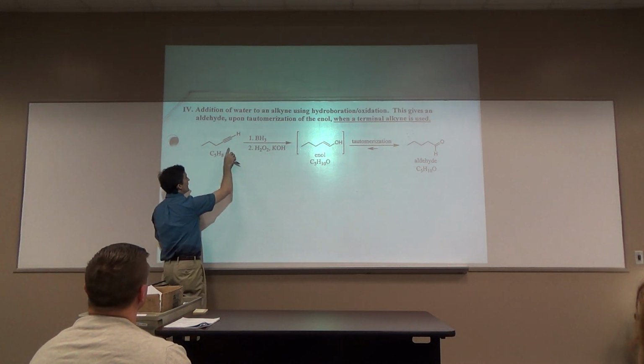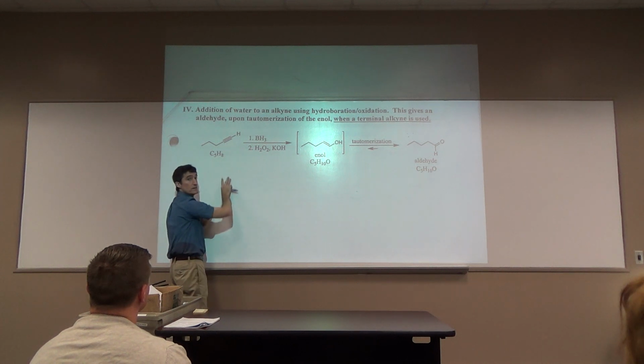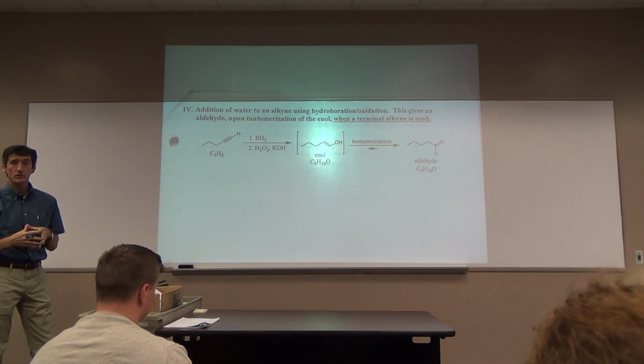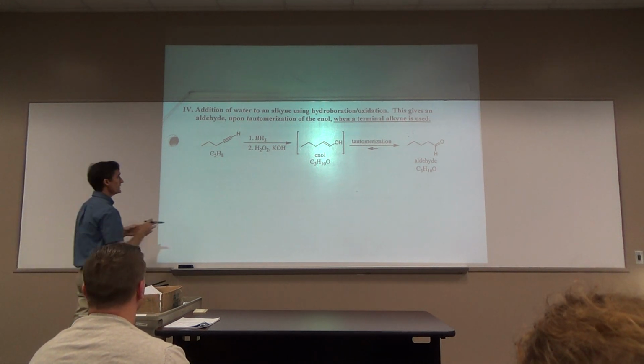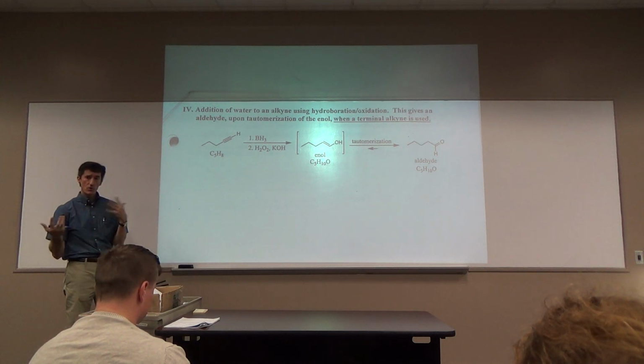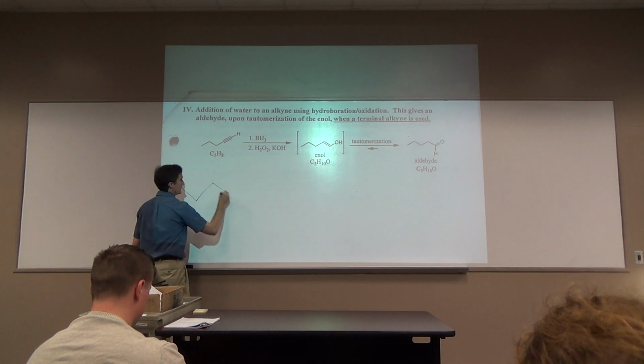What's going on? Pi bond attacks what? The BH3. The boron, which is electrophilic because it has no octet, right? Where are we going to leave the cation? Left. Correct. So maybe we should draw that out on our scratch paper.